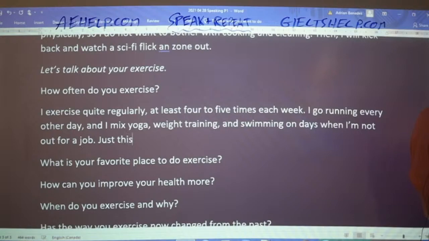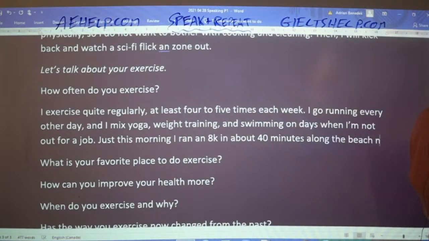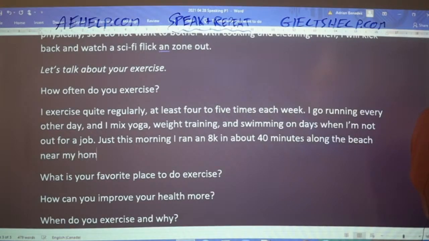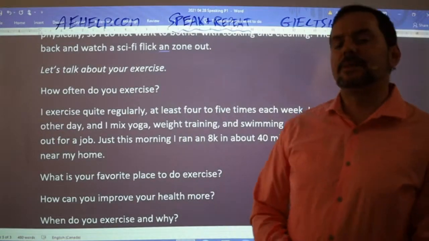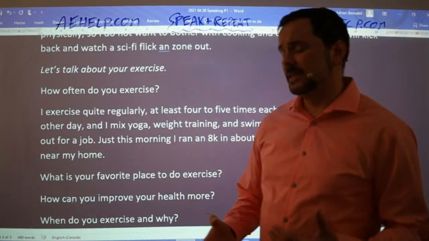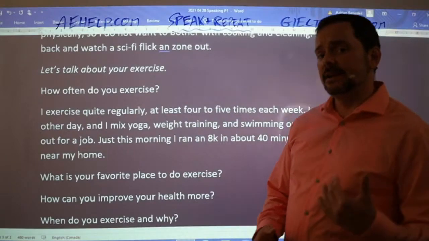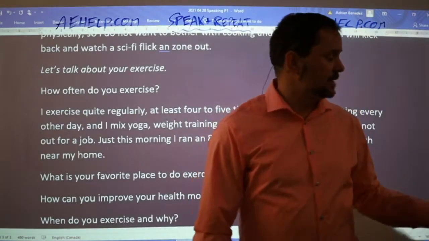Just this morning, I ran an 8K in about 40 minutes along the beach near my home. Okay, so answer, explain, example, quantitative language, definitely an asset, definitely a benefit to get those higher band scores.